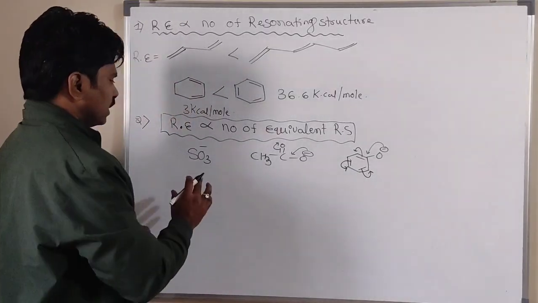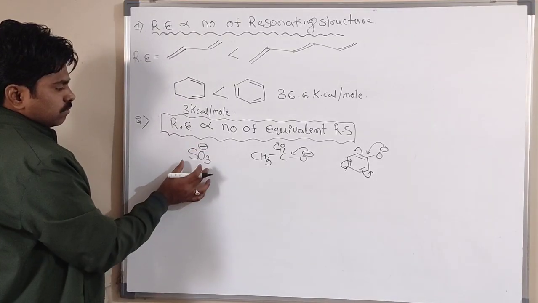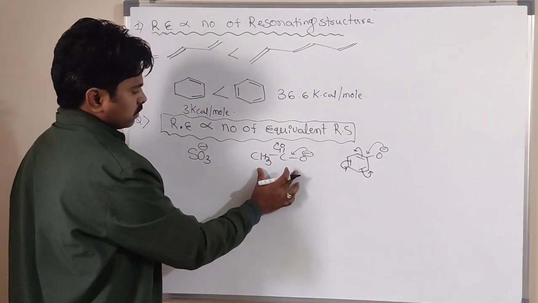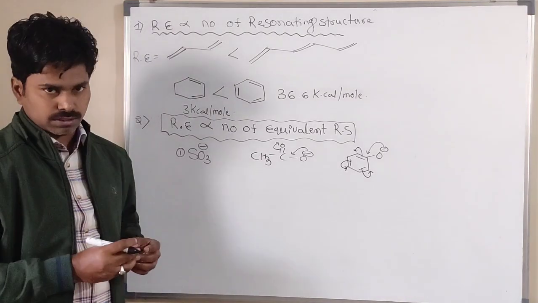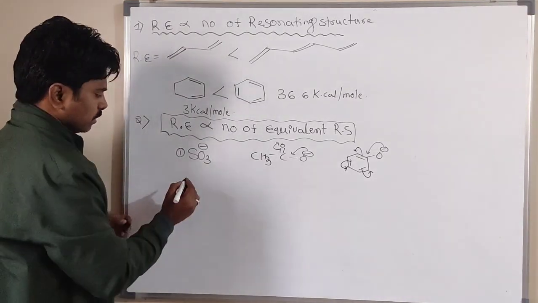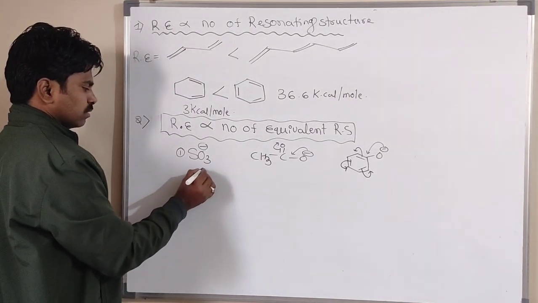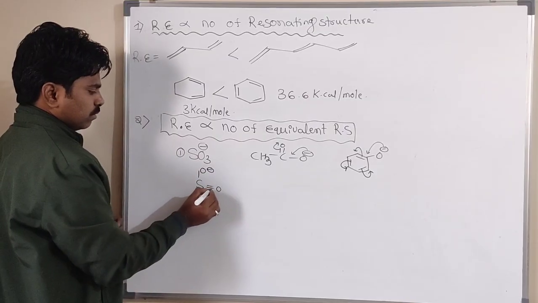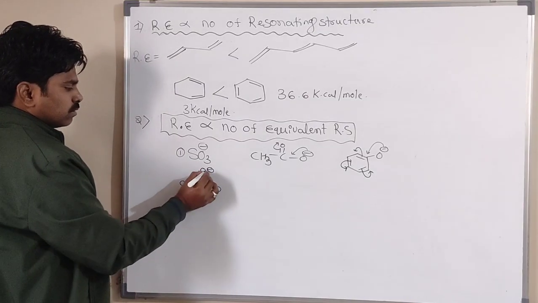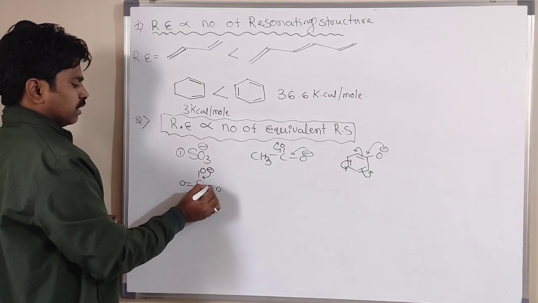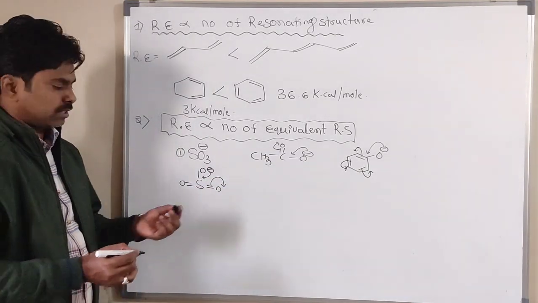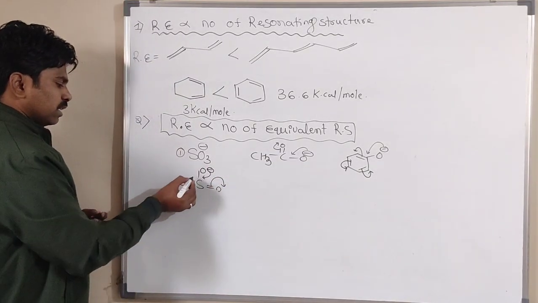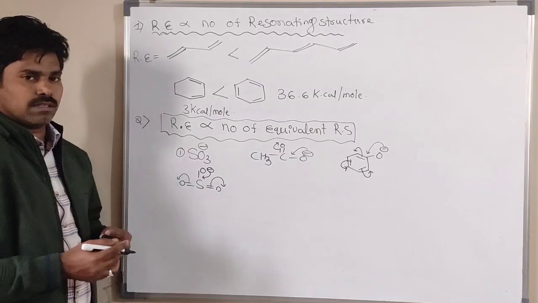Okay, but comparing the first option and second option, here we get 3 equivalent resonating structures. So sulfur, with oxygen minus, double bond O, double bond O. Once the negative electrons come to this side, we get one structure, and maybe the negative electrons come to this side, we get another.